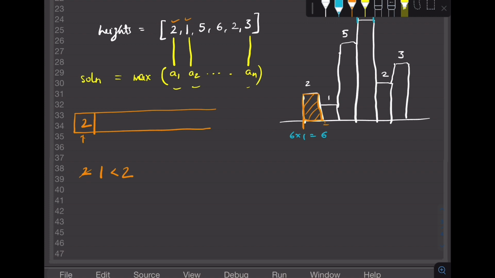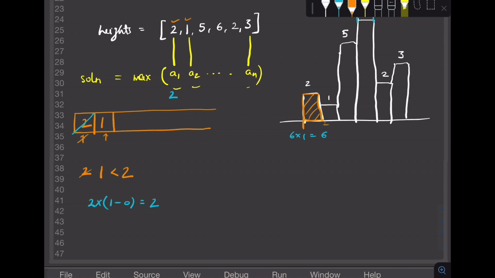We can just take the 2 out. Height will be 2 and width will be 1 minus 0, equals 1, so the area is 2. Let's write this here. And we can remove this now. We don't need this anymore. We have found the corresponding area. And we can write 1 here, because our list is now empty.